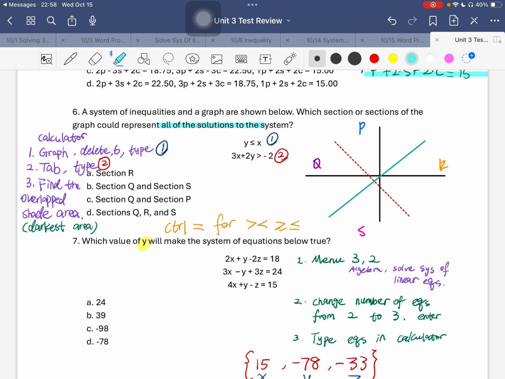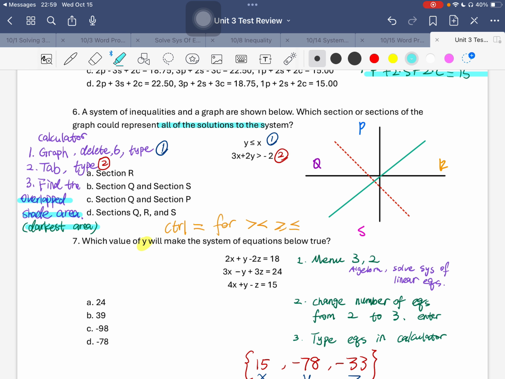For the section that has all the solution, that's our overlapped shading area or the darkest area. For overlapped shading area, it's the area that all the solutions in that section works for both inequality 1 and inequality 2.